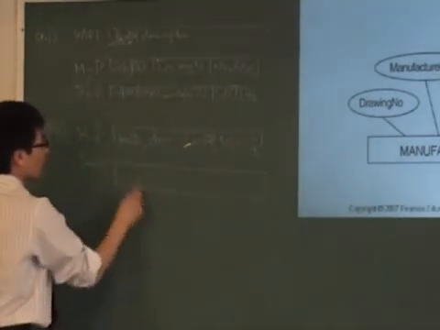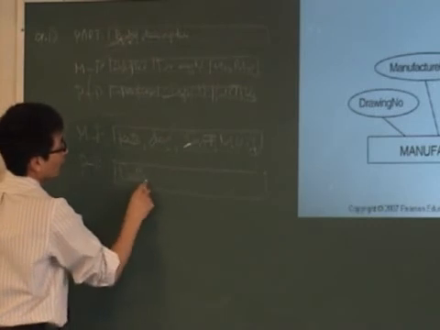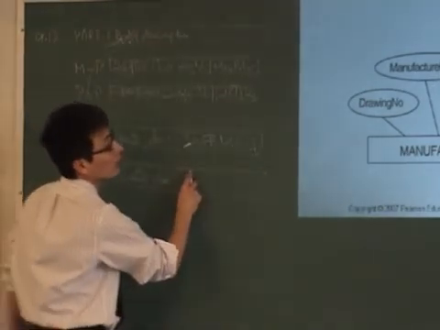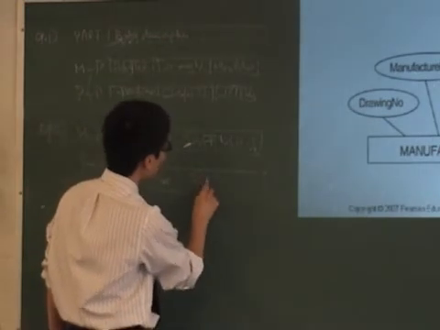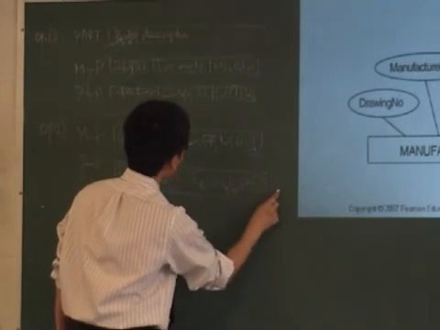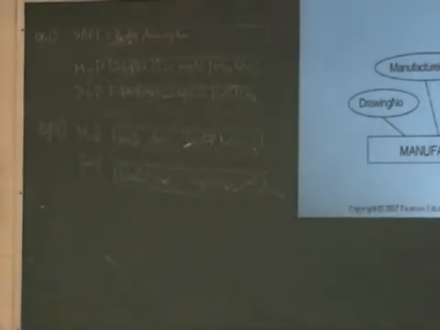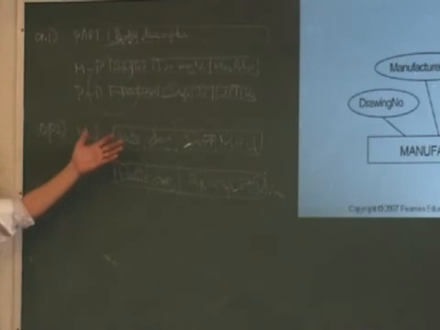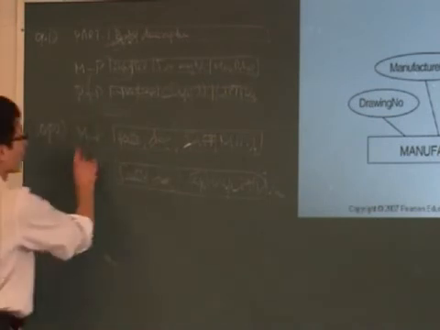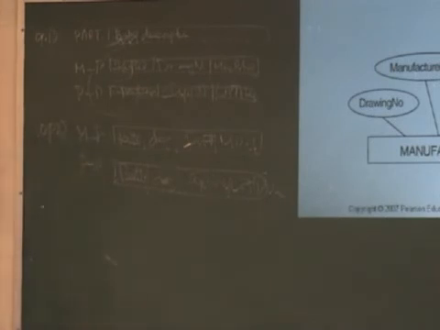Purchased part has part number, description from the superclass, supplier name and list price. This is the second option. We don't need a foreign key over here. Okay? It is not possible to create a foreign key relationship. They are independent of each other actually.